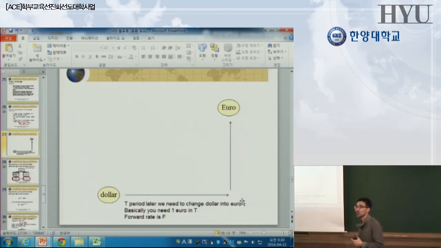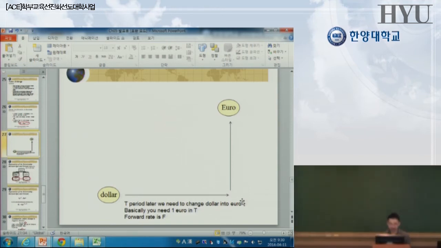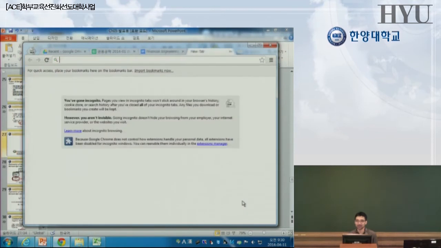What is the exchange rate between euro and dollar nowadays? Let's check. Euro is strong.